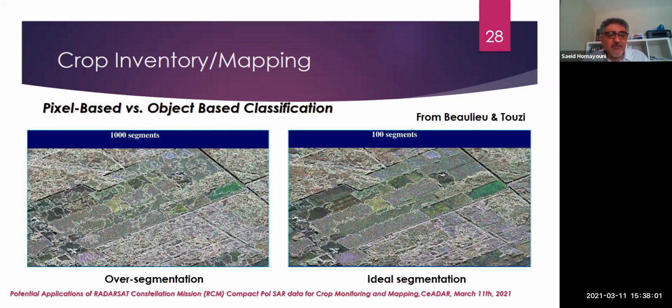So why object-based? Because when you are working with a single pixel, especially with SAR data, there is a chance that the single pixel's backscattering information has been affected by speckle. We can use filtering or multilooking to reduce the speckle, but it is still contaminated.